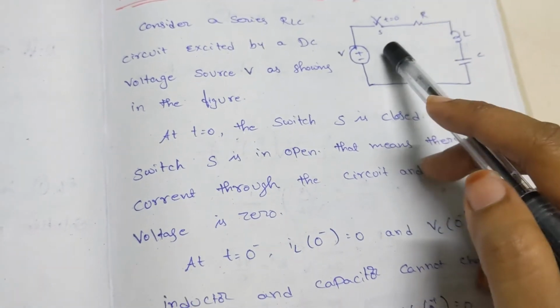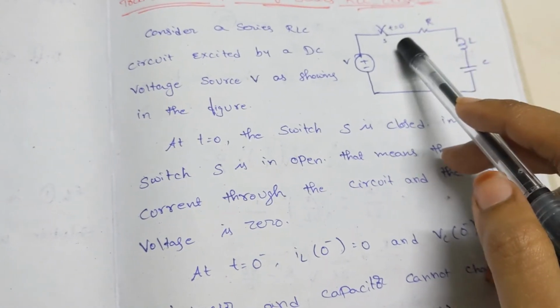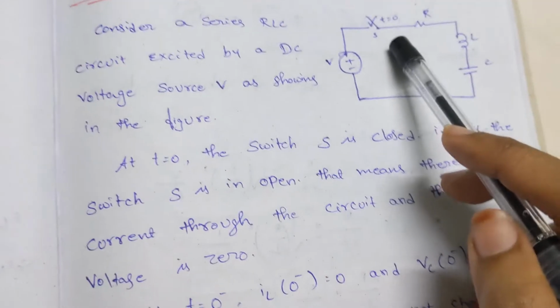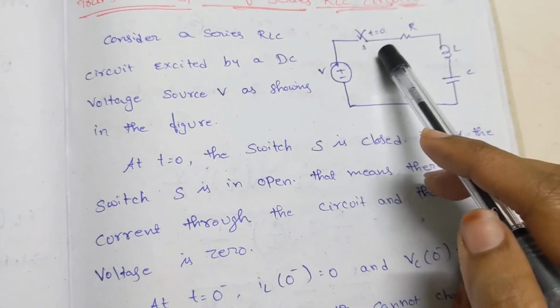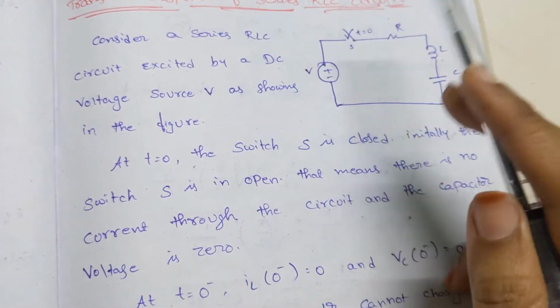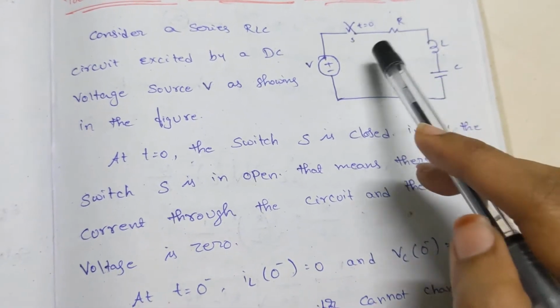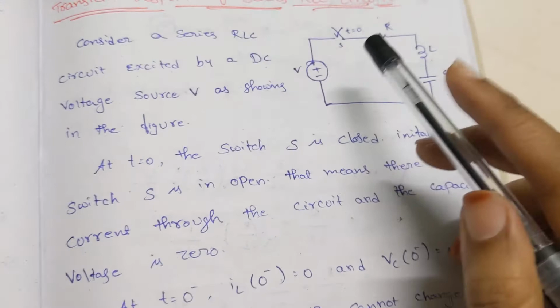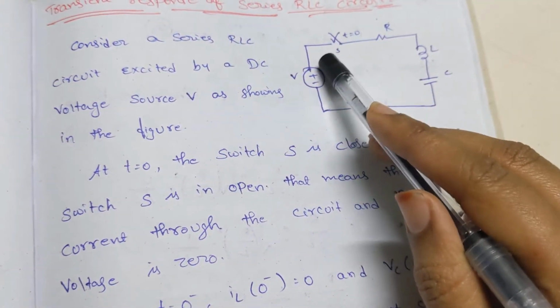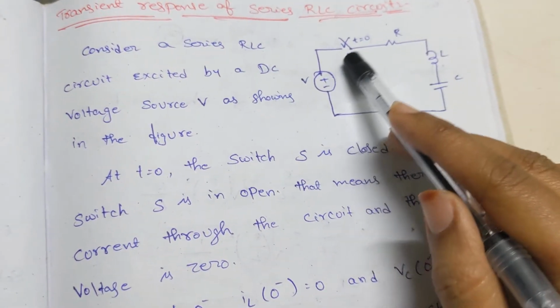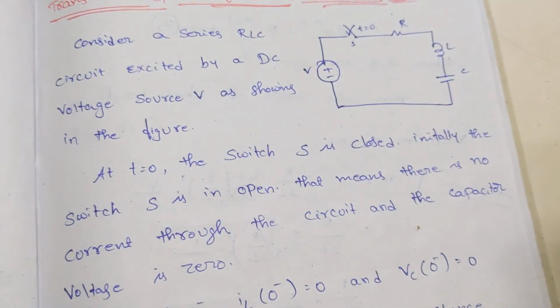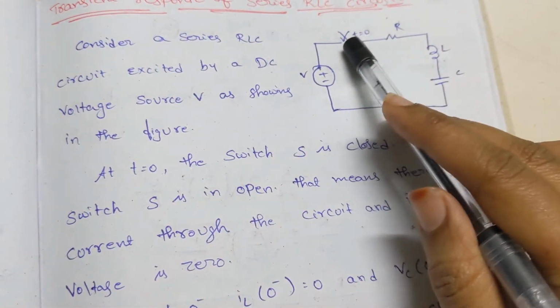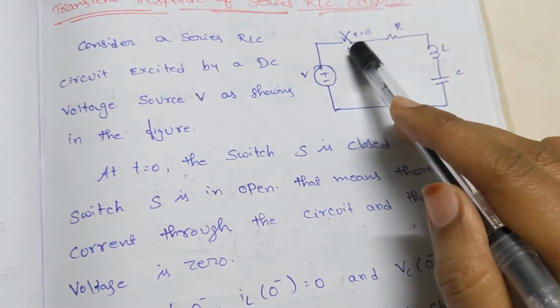So at t equals 0, we are supposed to close the switch. Whenever you close the switch, we are talking about the instant, not after closing the switch. The instant you close the switch, the current starts to flow in your circuit. Till now it was an open circuit.